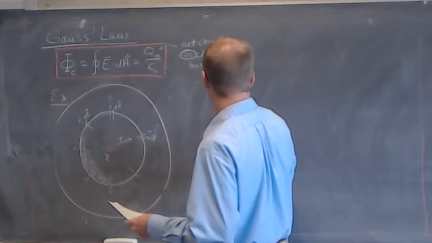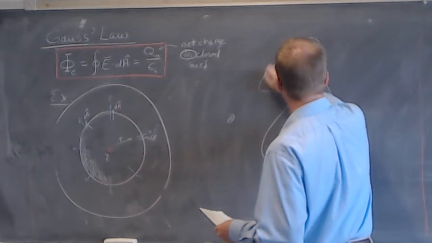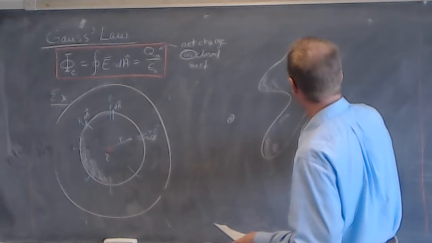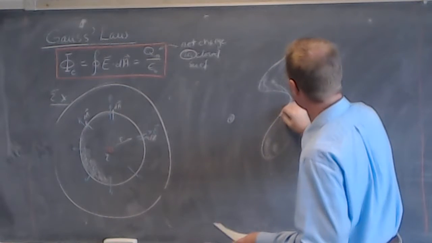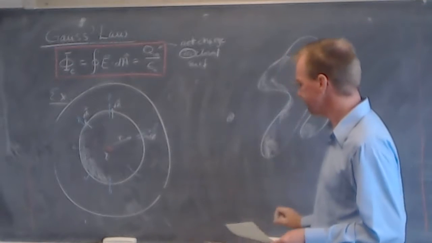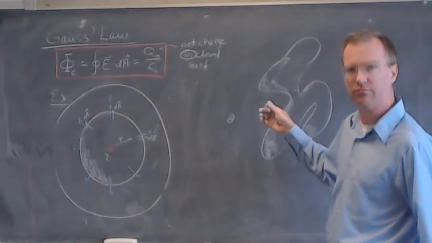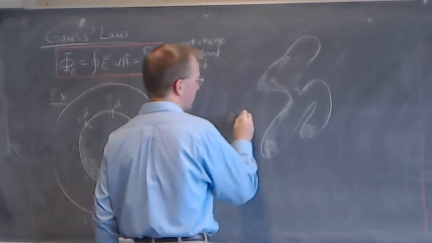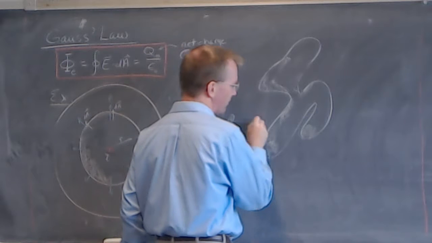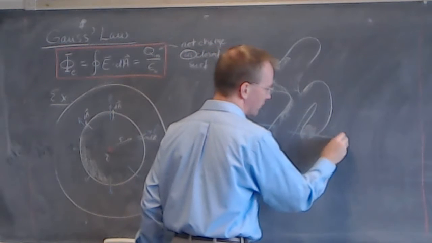If I've got some little charge here, and I've got the dumbest choice, looks like modern art from the 1930s or something. If this is my Gaussian surface here, and there's no charge inside that surface, take a look what happens to each of the field lines. It goes in, comes out. Goes in again, comes out.